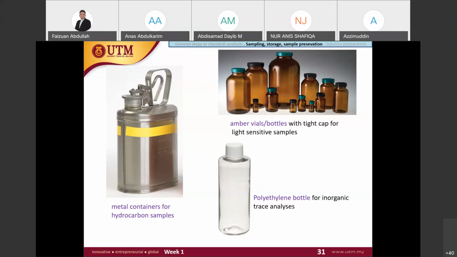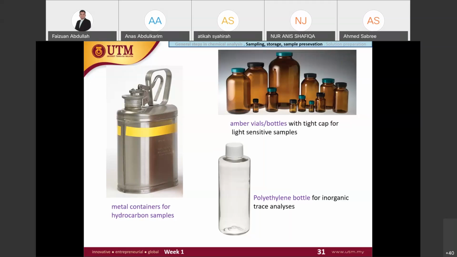So remember, in our analysis process, we have to consider all the things, okay, including the budget. All right. If we want to analyze the metals, can we put the sample inside the amber vial bottles? If you want to analyze metals content in a water sample, do we need to put the sample inside the amber vials or bottles? No. Why?